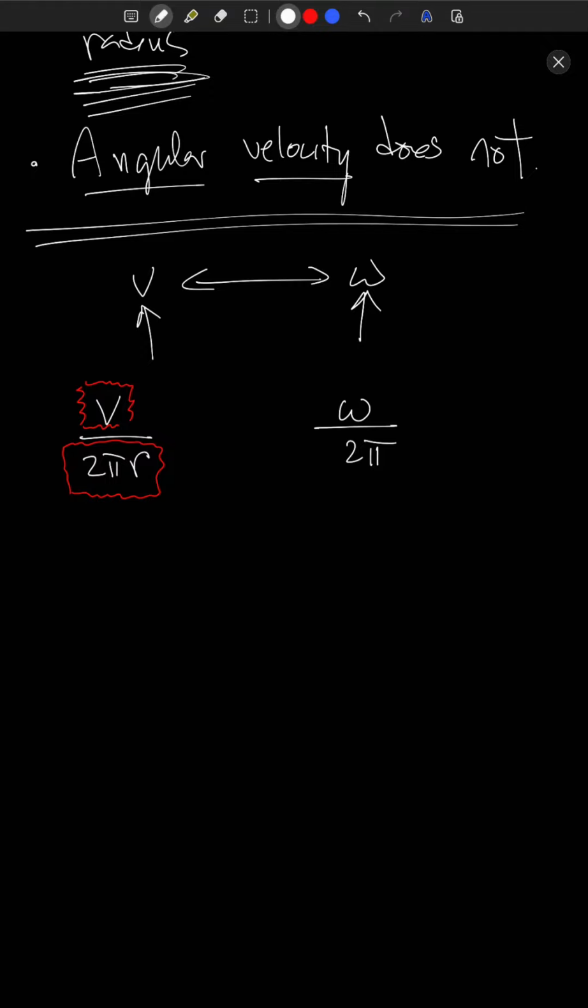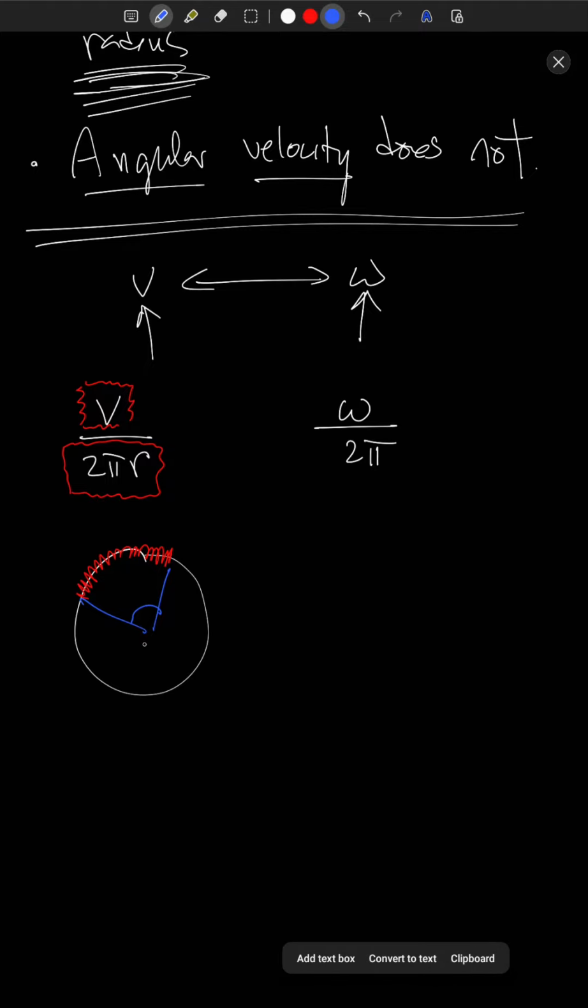So we've traveled omega over 2 pi amount of the circle. In terms of pictures, for the left-hand side, I'm dividing how much we've traveled by the entire circle, and the right-hand side is this angle versus the entire circle.